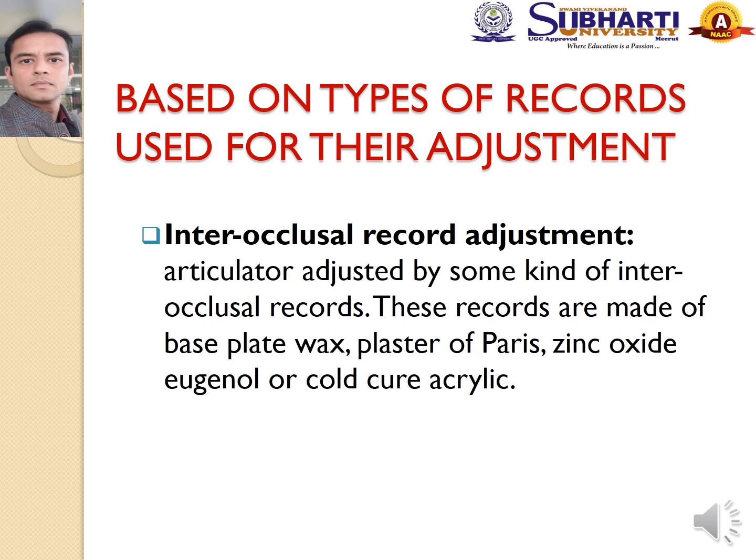When the articulator is adjusted by interocclusal records, that is either MICR or protrusion, the records may be made by base plate, plaster of Paris, zinc oxide eugenol, or cold cure acrylic resin. Nowadays we have newer materials, that is addition silicone in a high consistency, which can be used for the interocclusal records.